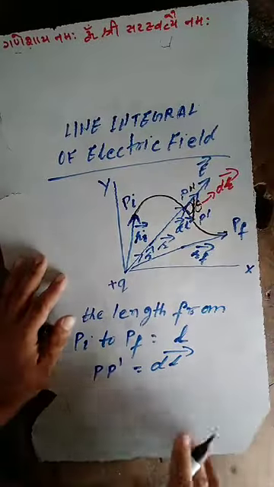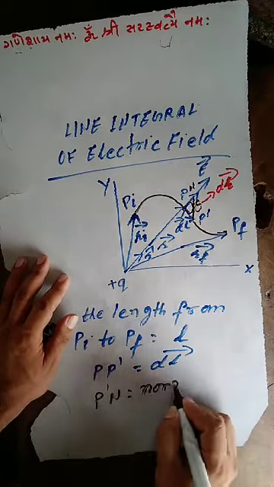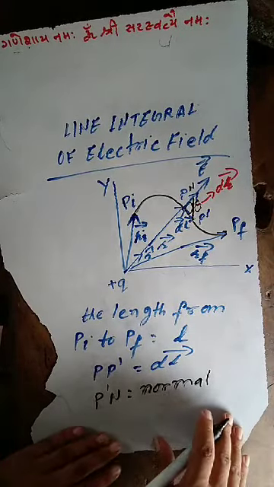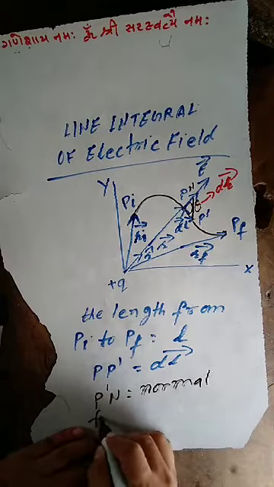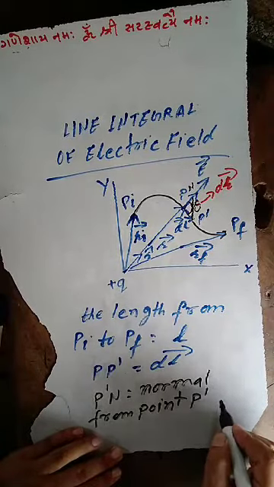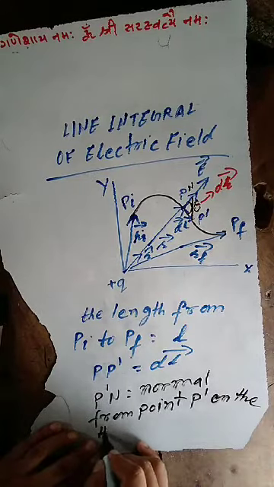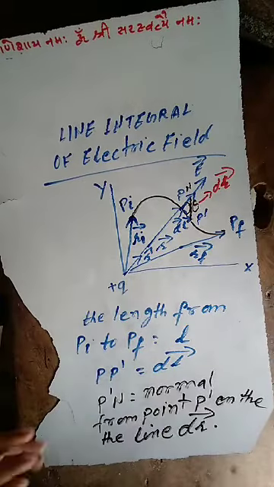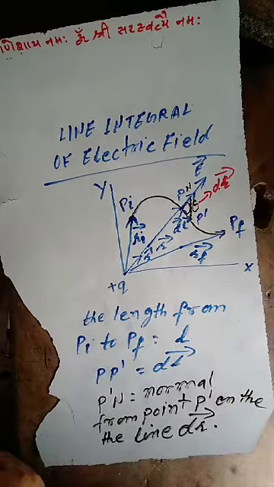So P dash n is normal from point P dash on the line dr. So this is your normal.